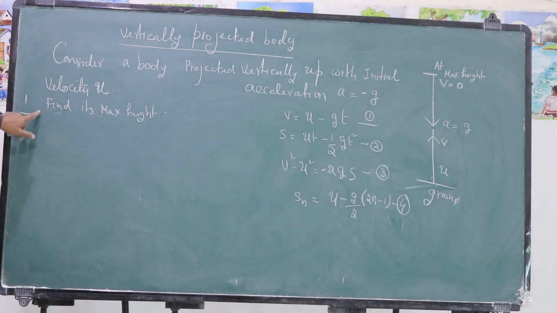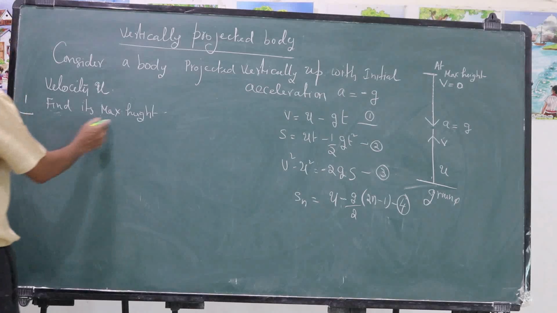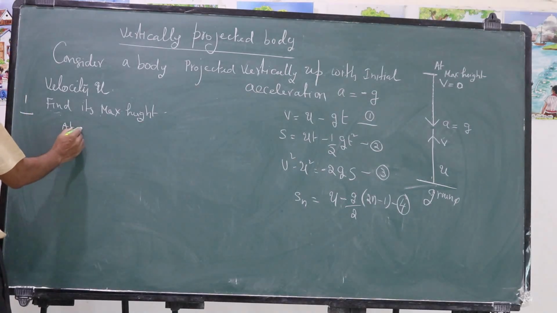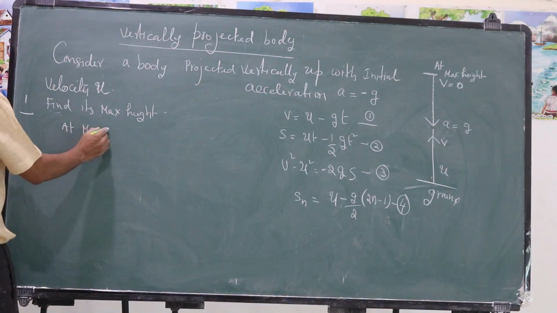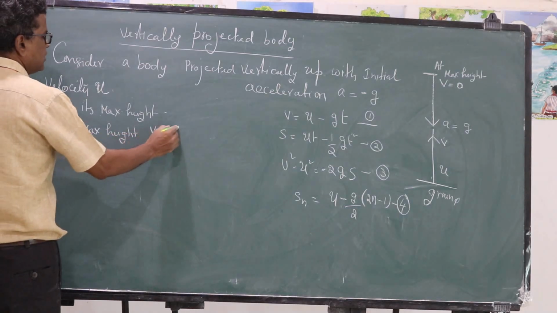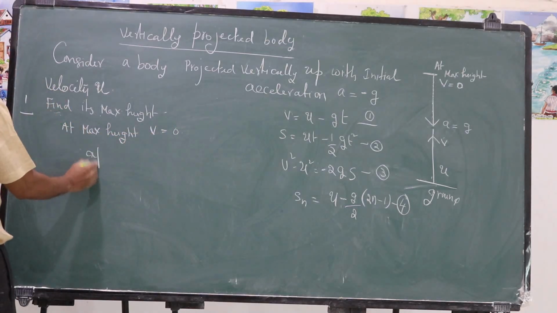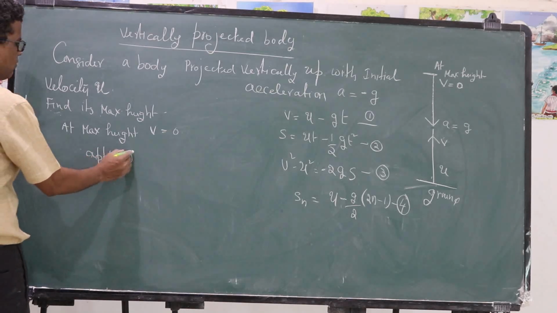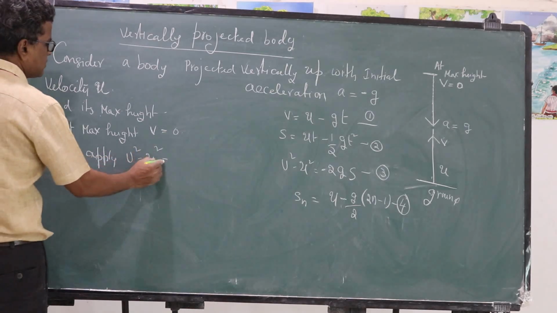Now we want the maximum height. How high will it rise? At the maximum height, velocity is 0. So you apply v square minus u square is equal to 2as.